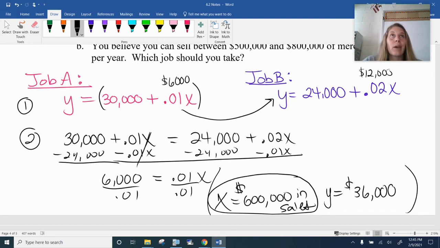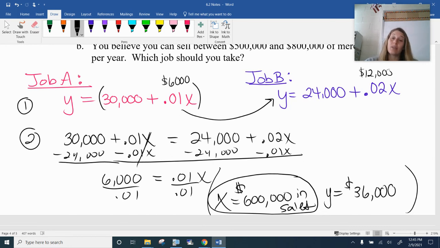So if you're selling, I don't know, paper clips, you might struggle selling $600,000 worth of paper clips. I don't know. I'm not an office supply salesperson. But what if you're selling, like, I don't know, houses? Do you think you'd be able to sell $600,000 worth of real estate in 1 year? Probably. I mean, you might be able to sell one house for that much.